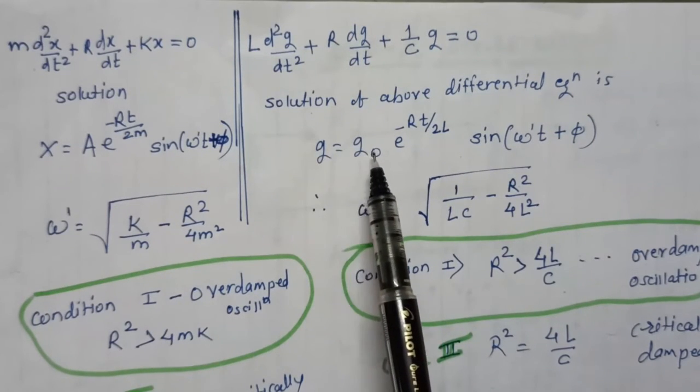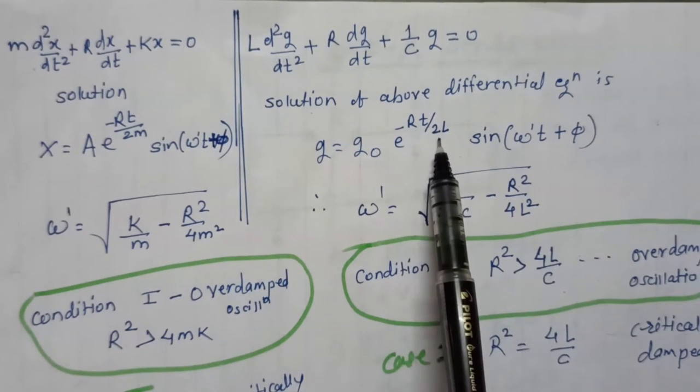In the LCR circuit, the amplitude is Q0 e raised to minus Rt upon 2L.